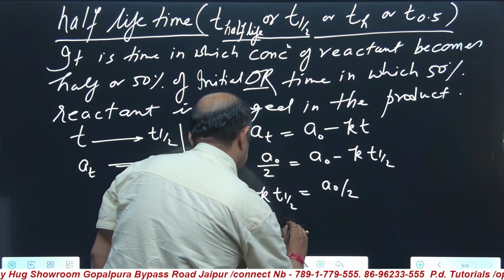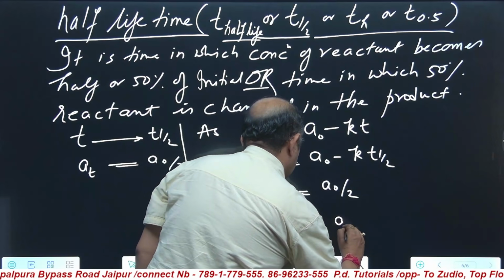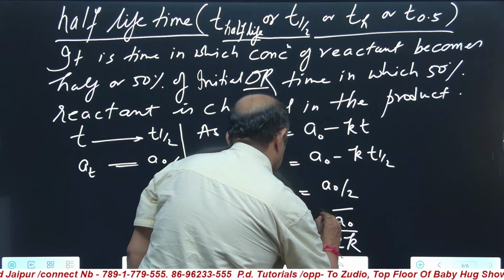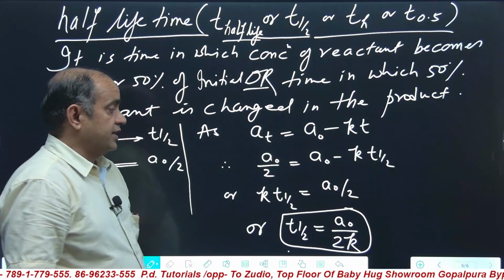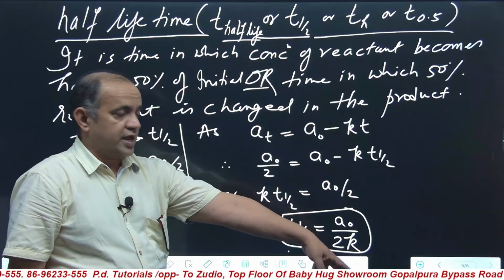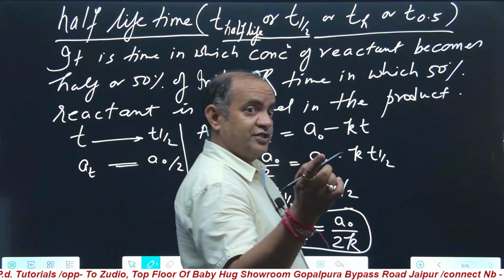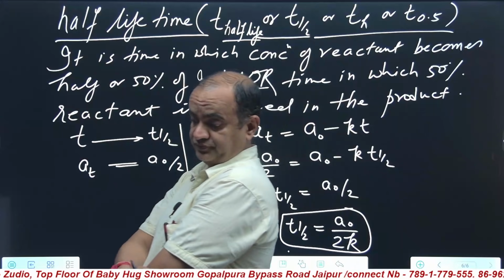So T half comes to be A naught by 2K. T_LT was A naught by K and T half is A naught by 2K. T half is just half of the lifetime.